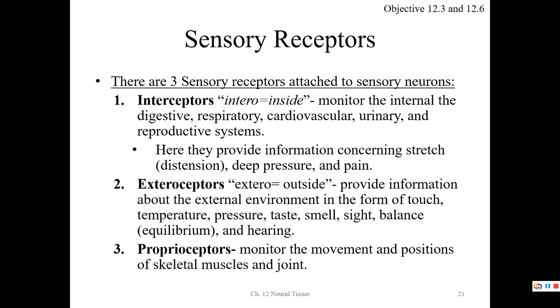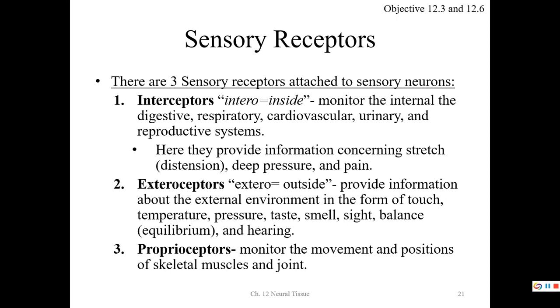Now, sensory receptors, there are three types. They're called interoceptors, those are internal receptors. There are exteroceptors, those are external receptors. And there are proprioceptors, these are doing body position. Interoceptors monitor the internal stuff like your digestive tract, your respiratory tract, your cardiovascular system, your urinary and your reproductive systems.